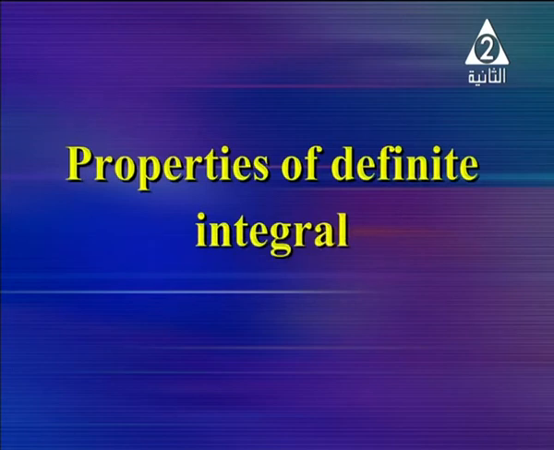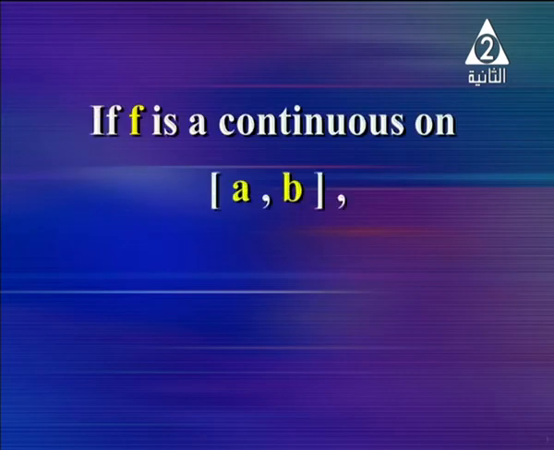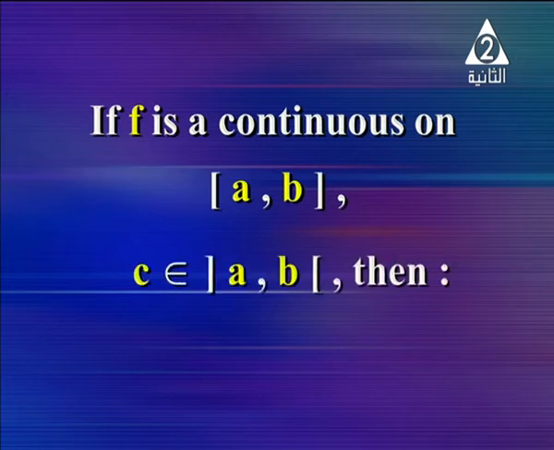Properties of the definite integral. Remember, these properties of the definite integral are very important. If the function is continuous on the closed interval a and b, and c belongs to the open interval a b, what do you deduce?